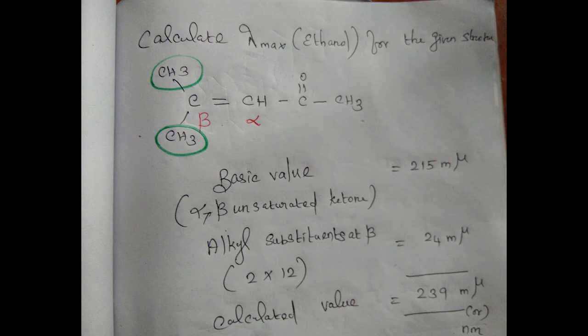So for 2 beta alkyl substituents, we add 2 into 12, 24 millimicron. So the calculated value is 239 millimicron. The observed value is found to be 237 millimicron.